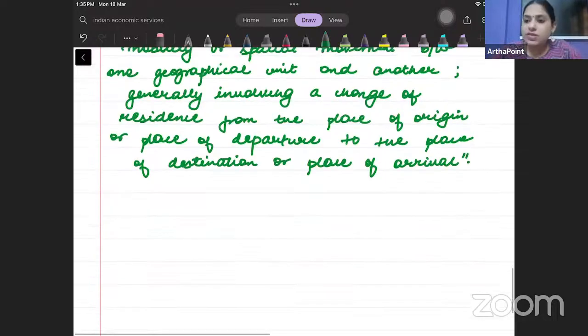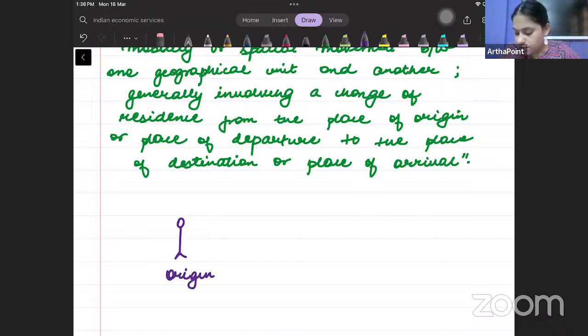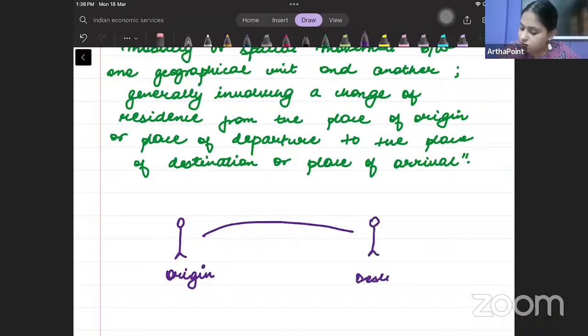Right? So what are we saying here? We are saying that, look, the place from where migration starts, that is called as the place of origin, and where it ends, that becomes the place of destination.